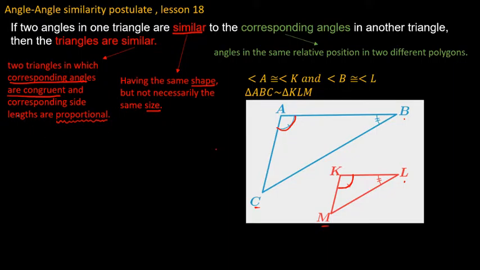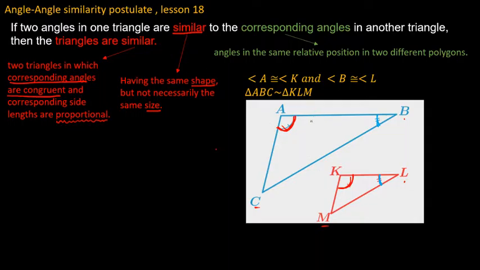Two triangles that are similar will have all of the same angles but not necessarily all of the same side lengths. So for our postulate once more, if I've got two angles in one triangle that are similar, so for example, if I know that angle A is similar to angle K, and I know that angle B is similar to angle L, then I could say that my two triangles are similar.